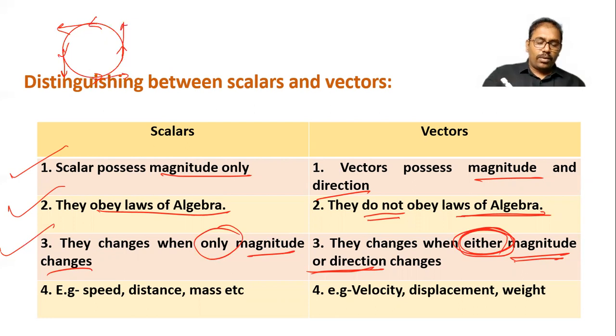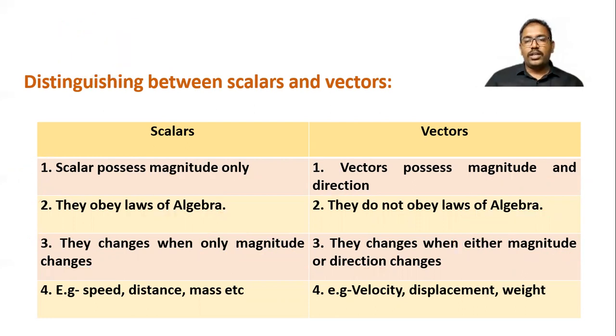So in circular motion direction changes continuously, which means the vector changes continuously. Examples of scalars: speed, distance, mass. Velocity, displacement and weight are vectors. So this is the distinction, remember it very well.